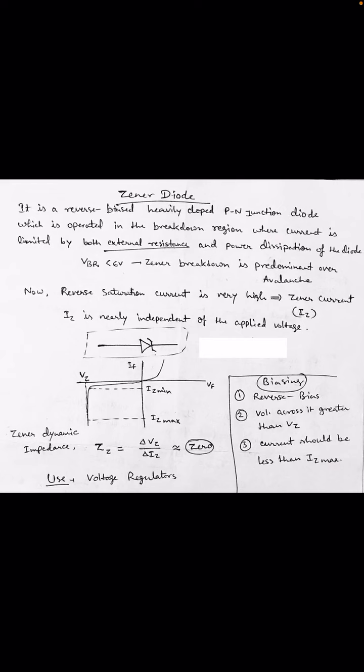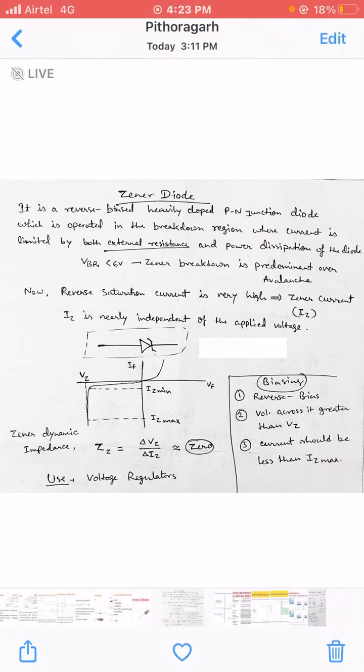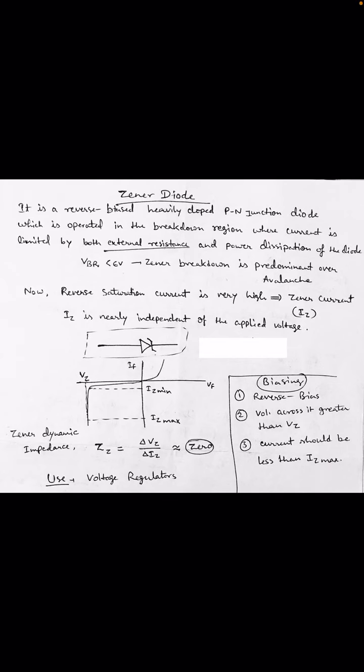Heavily doped means the doping which is used to create P type or N type semiconductor, any pentavalent or trivalent doping, the concentration of dopant atoms must be very very high, so that we have a large number of charge carriers in either set of semiconductor. Means in P type we will have much more holes, and in N type we will have too many electrons.